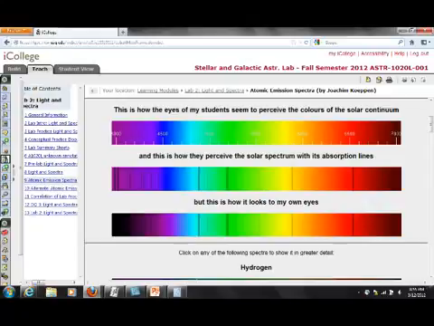Now you can estimate. I'm not going to expect you to give me the lines of the elements down to the single angstrom. I expect a range. This is how you could do it on your own.